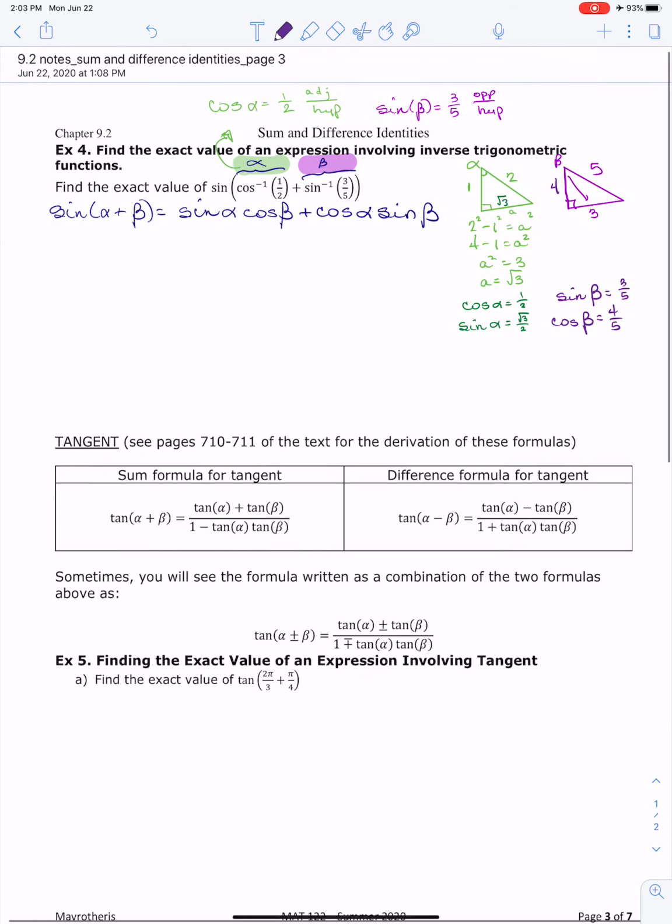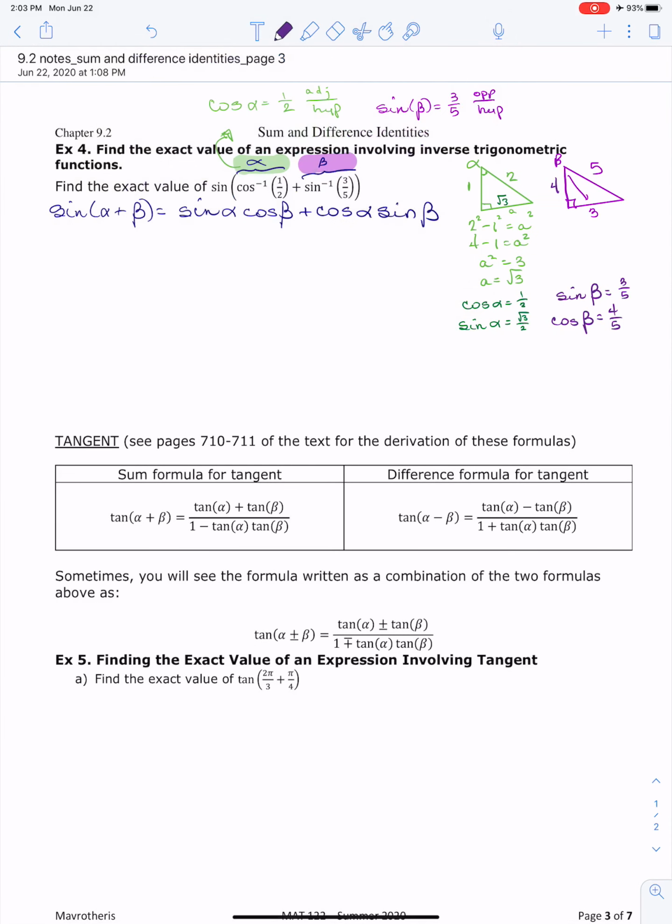Now I can go back to what we started with, the sine of the sum, and I can fill in the pieces that I have. My sine of alpha, I've got square root of 3 over 2. My cosine of beta is 4/5, plus my cosine of alpha is 1/2. My sine of beta is 3/5.